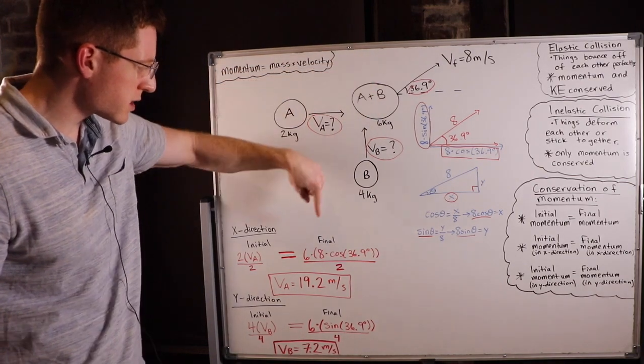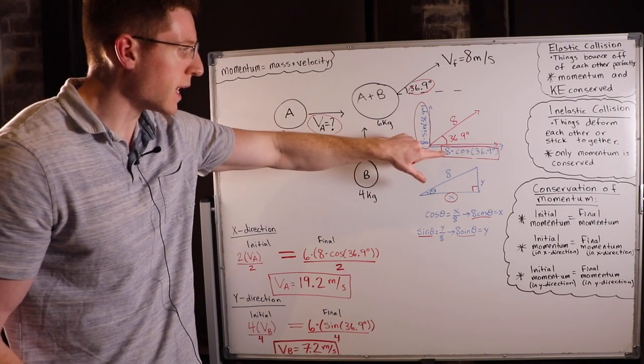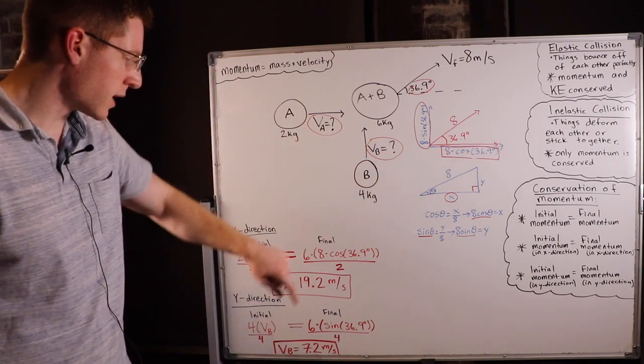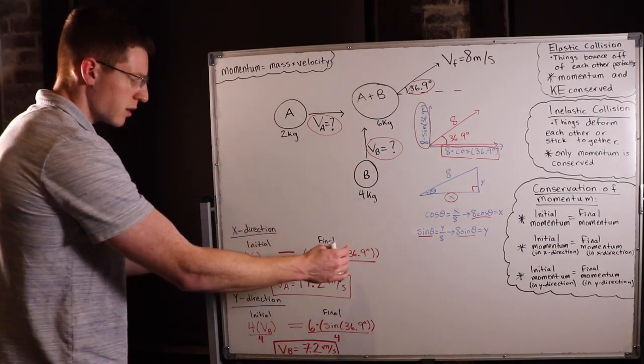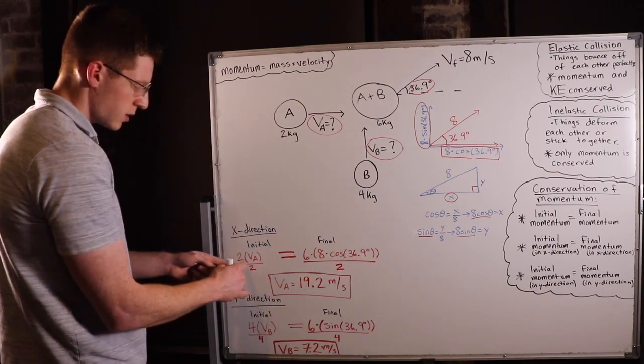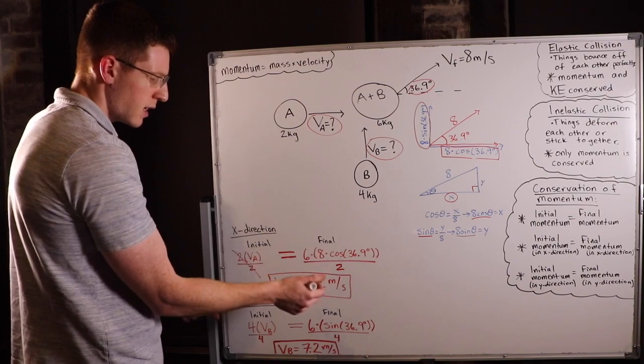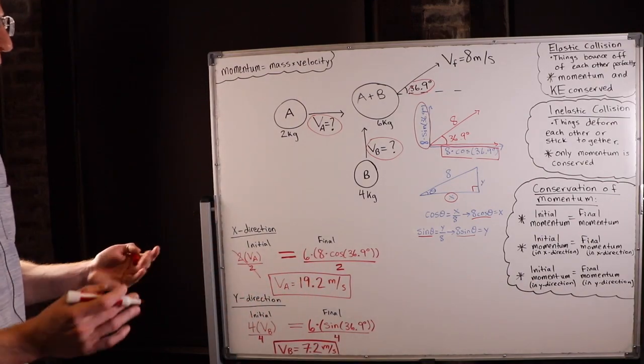Its mass is 6 times its x velocity, very important, 8 times cosine of 36.9, and this is our x direction conservation of momentum equation. Initial momentum, final momentum. We divide both sides by 2, solve for the initial velocity of A, we get 19.2 meters per second. It's that easy.